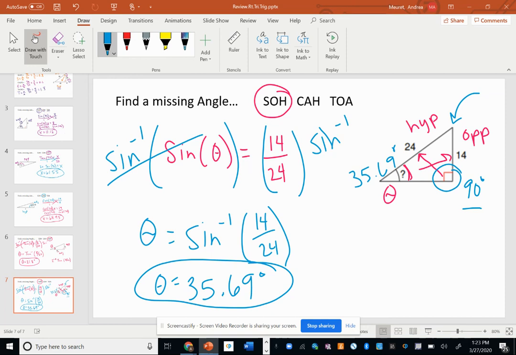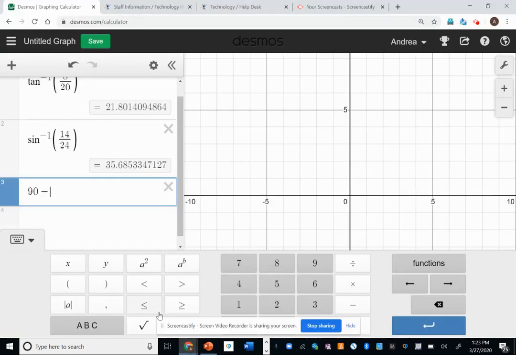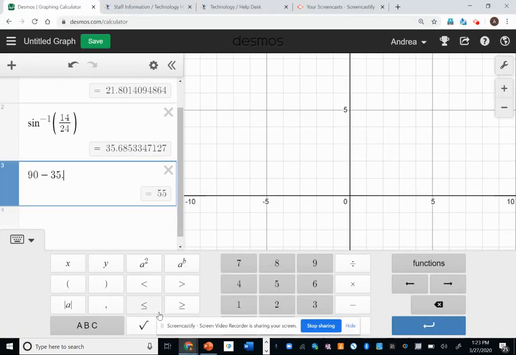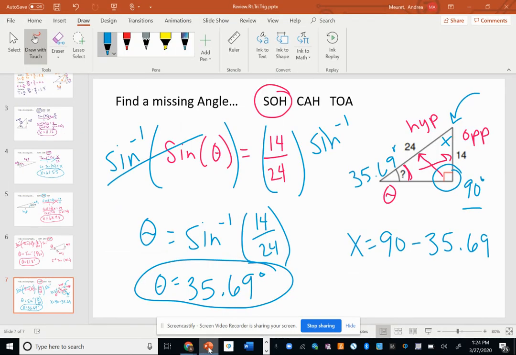So let's call this angle X: 90 minus 35.69 is 54.31. So you can actually find that other angle as well.